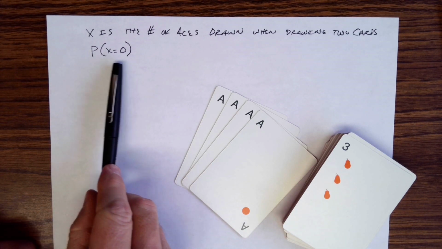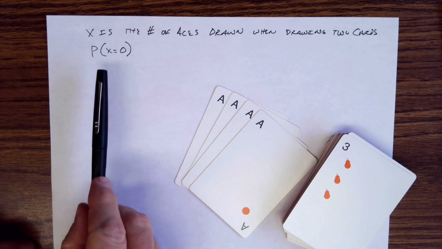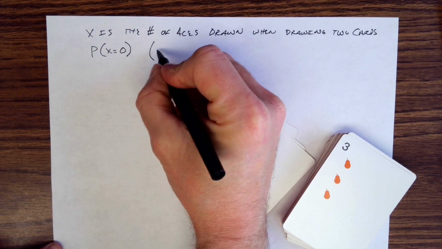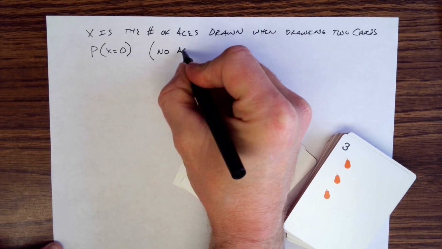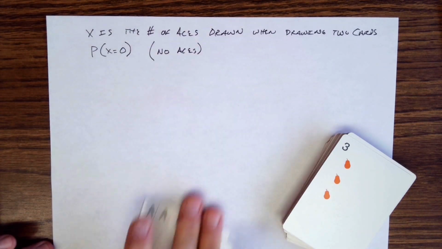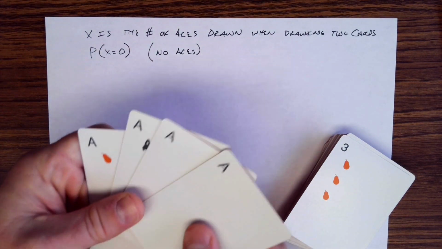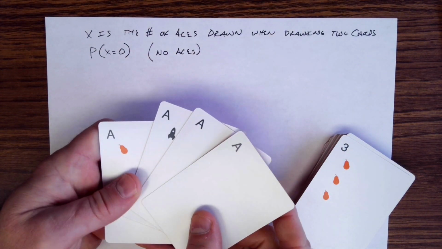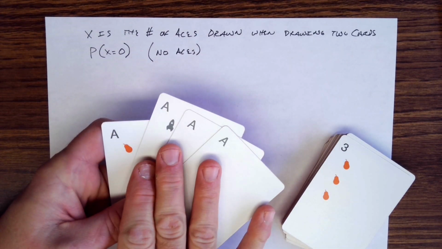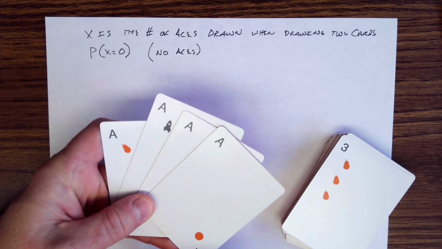So this statement right here, P of X equal to 0, is asking about no aces. So what is the probability of doing that? The easiest thing to do is think about the fact that we have 4 aces in the deck. We want to draw 2 cards at a time, but we don't want any of the cards we draw to be any of these 4 cards.